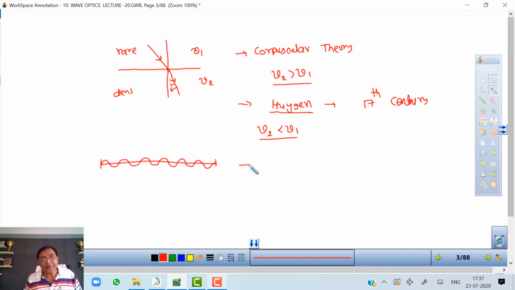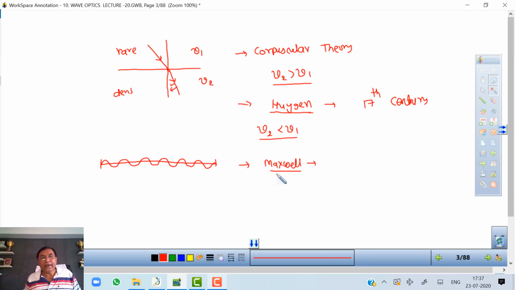But after the theory given by Maxwell, and because of Maxwell we are enjoying this communication system. He unified four formal equations called Maxwell's equations.